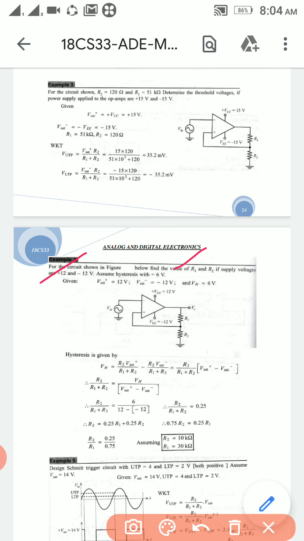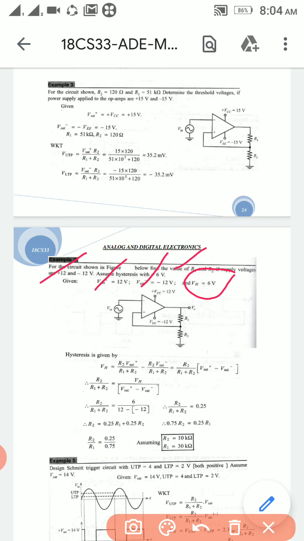What has been given? Find the values of R1 and R2, the supply voltage is plus 12 volts and minus 12 volts, and the hysteresis value is given as 6 volts. Vsat plus is equal to plus 12 volts, and minus Vsat is minus 12 volts as already given, and the hysteresis value VH is equal to 6 volts.